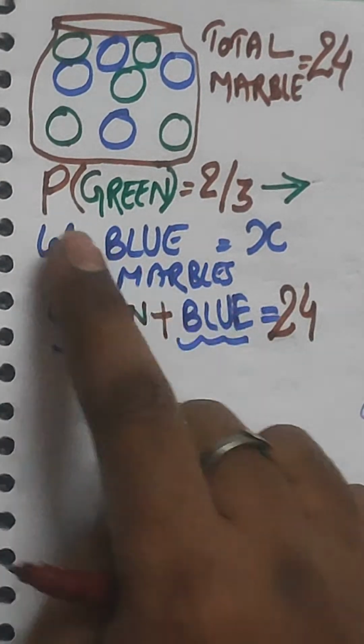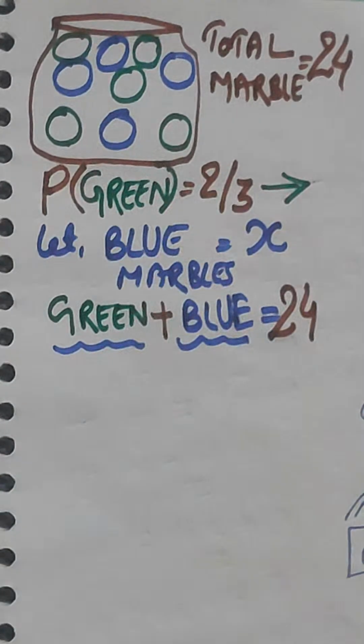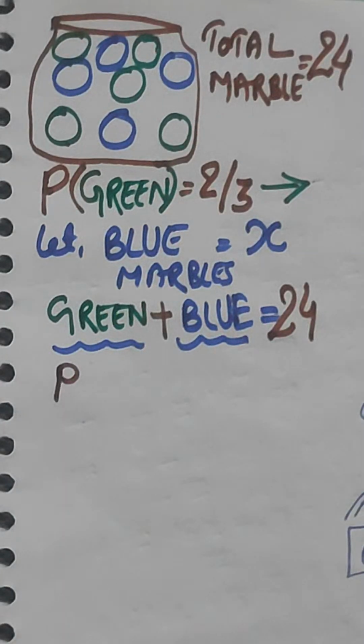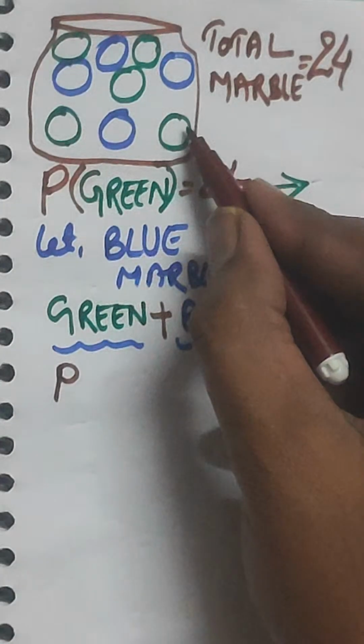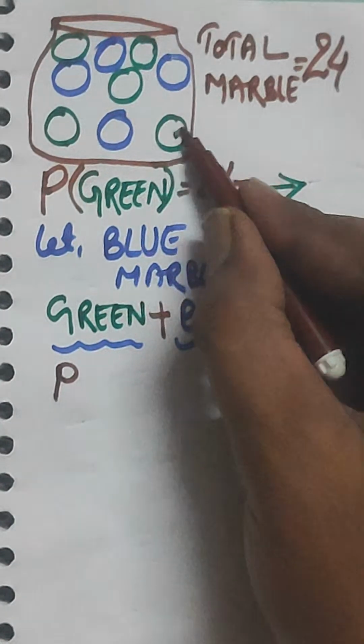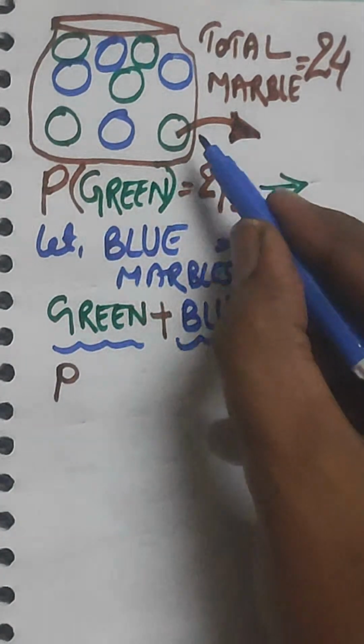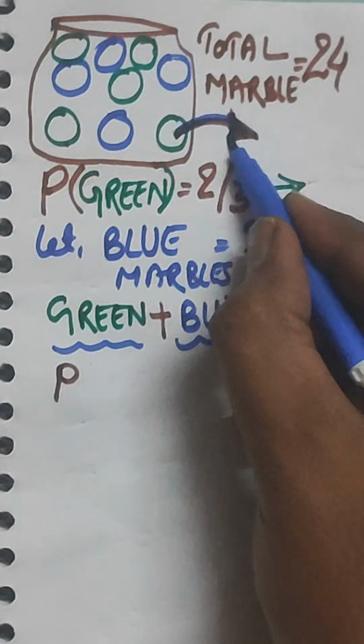Now the probability of green is given to you. So what is the formula of probability? Probability of your favorable event. What is the favorable event? One of the marbles is pulled out from the jar.